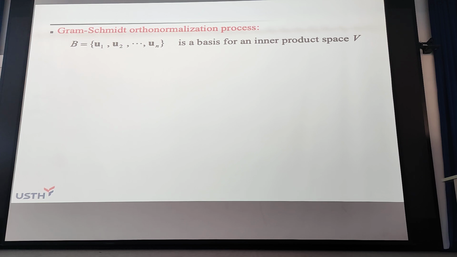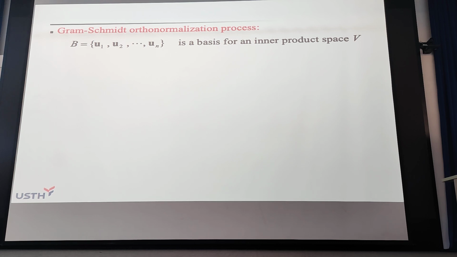Suppose that V is an inner product space, and suppose that you are given any basis B. The Gram-Schmidt process will help you to transform B into an orthonormal basis for V.